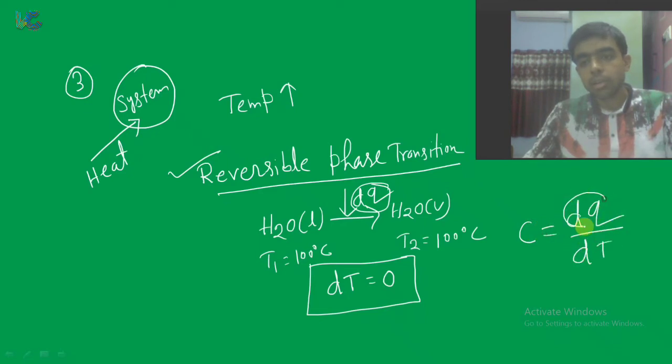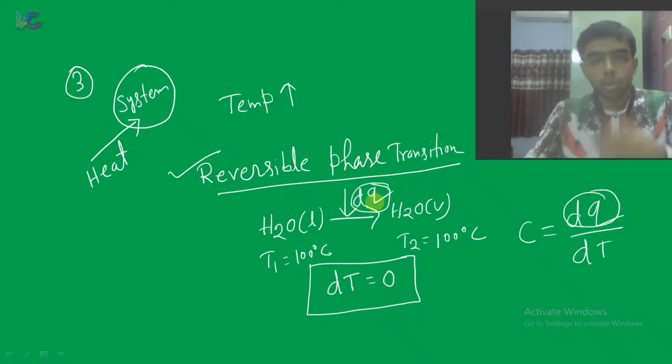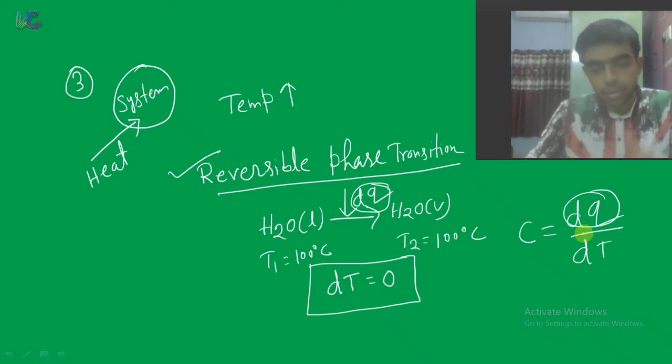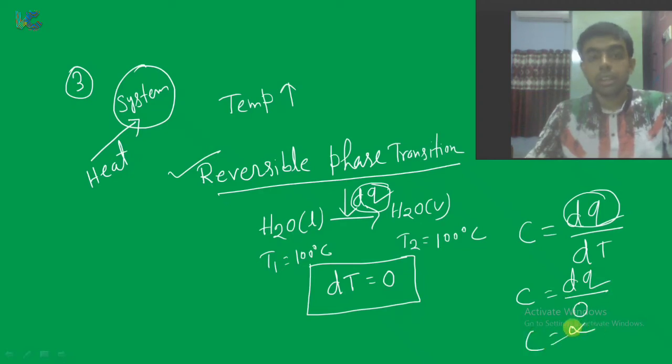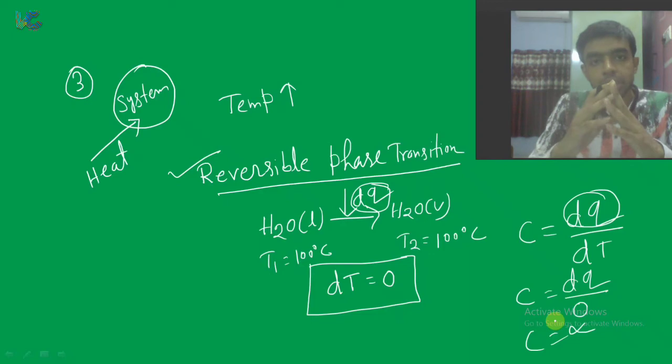That means dq has a definite value, but there is no change in temperature, so dT is 0. That means C is dq by 0, that means C is infinite. That means the value of heat capacity in a certain case, in reversible phase transition, can become infinite.